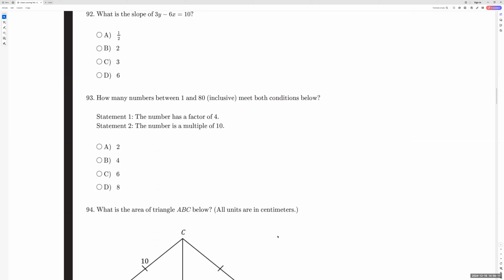Question 92, what is the slope of 3y minus 6x is equal to 10? Now we know that in order to get the slope, the equation needs to start with y equals and y equals only.